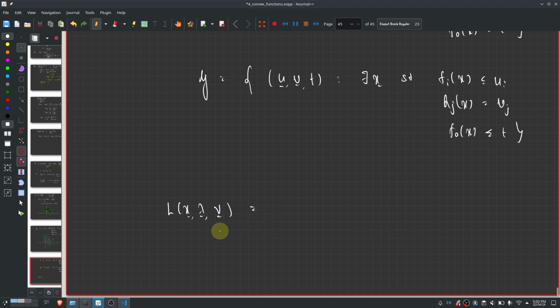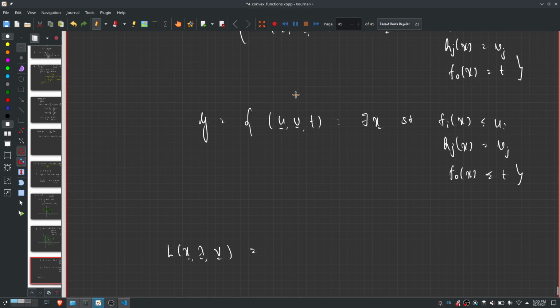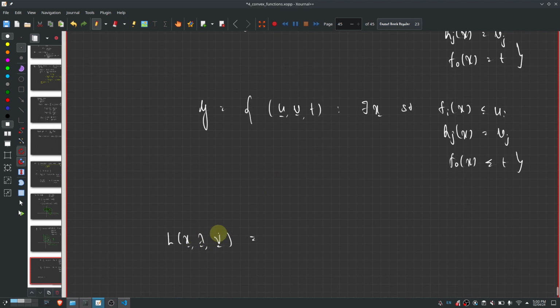Each x corresponds to some particular point in A. How do you get L of x, lambda, nu?